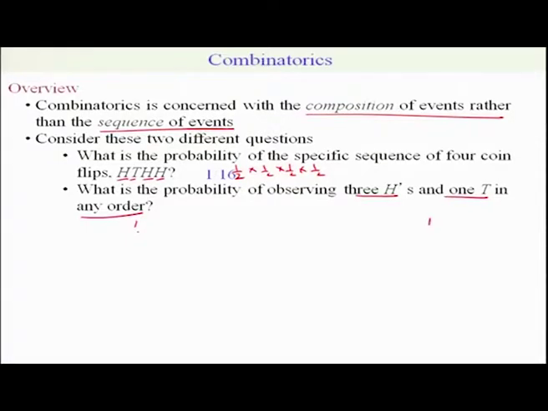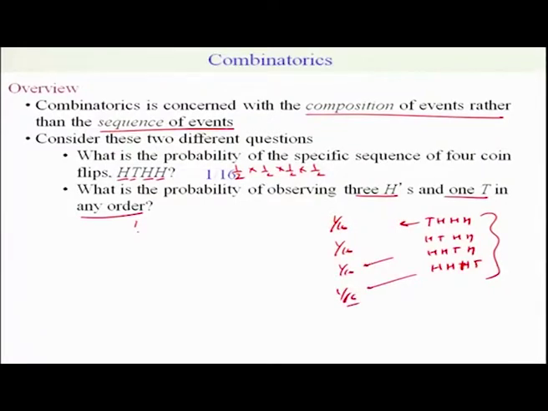So, you can have T H H H, H T H H, H H T H and H H H T. So, there are 4 different ways. Each one is 1 by 16, and you can add these.